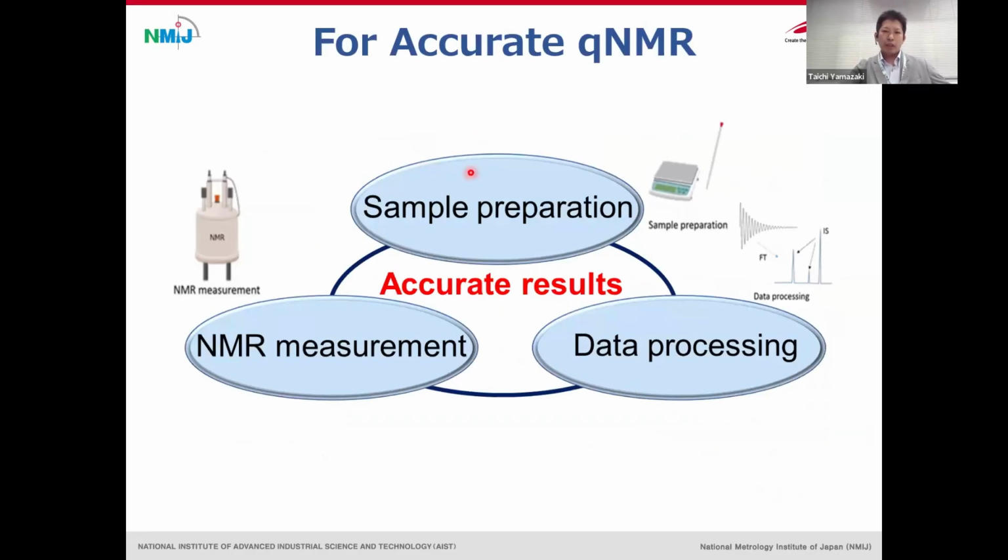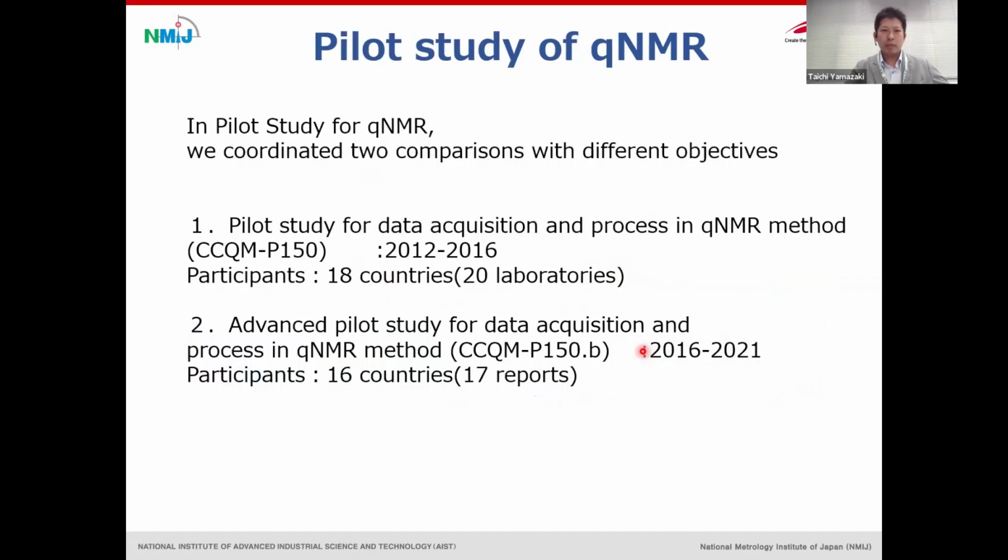For accurate qNMR, we usually evaluate the accuracy of sample preparation, NMR measurement, and data processing. The combination of all factors provides an accurate result. So we discussed these factors through the CCQM comparisons.